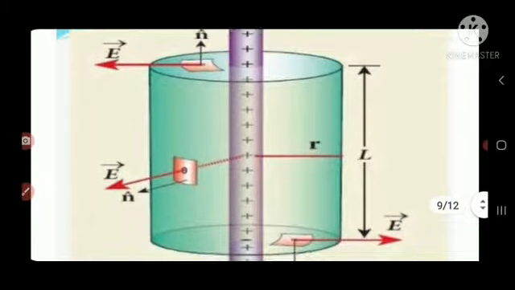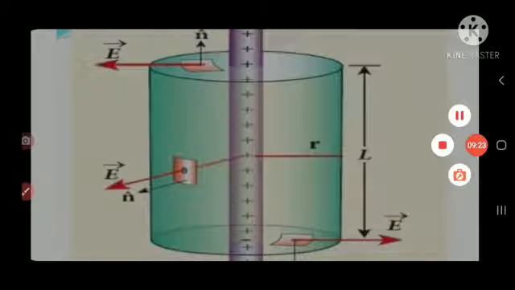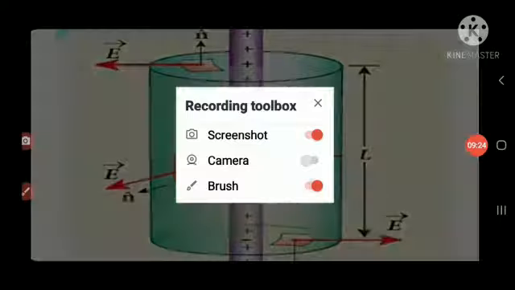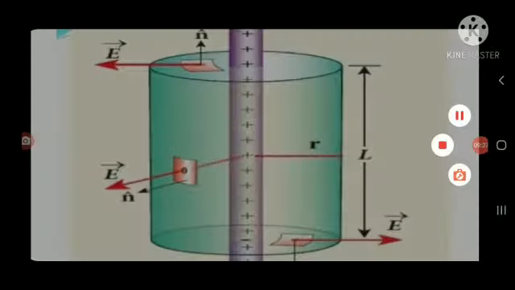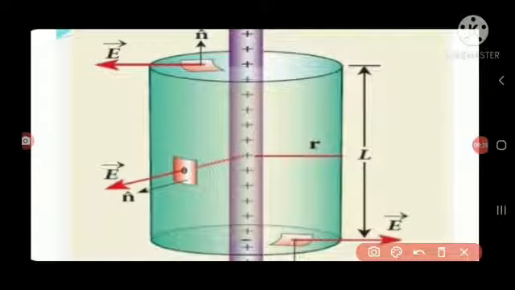Suppose this is an infinitely long wire and it has a certain amount of charge. Now around this infinite wire, a closed Gaussian cylinder is considered.